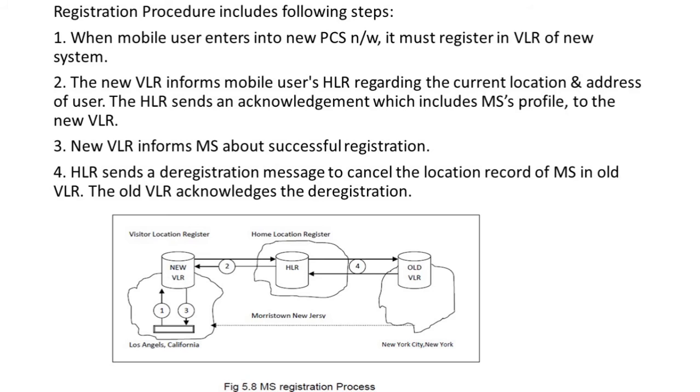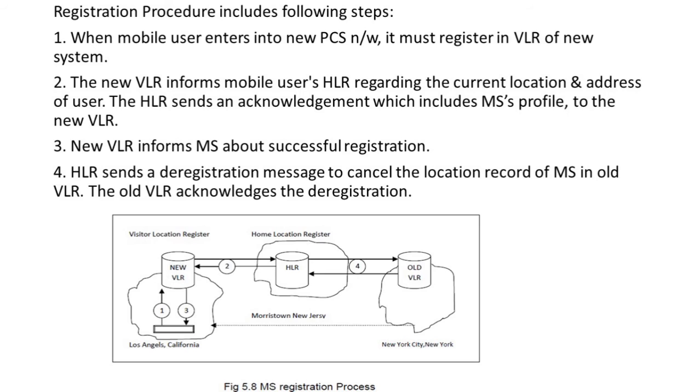At times you are advised to switch your location roaming services on. You might have experienced this. It means that your registration is taking place. The HLR sends a deregistration message to cancel the location record of the MS in the old VLR. The old VLR acknowledges the deregistration.